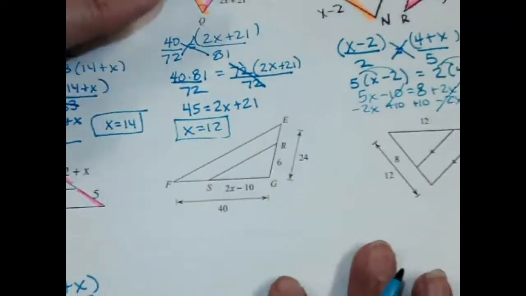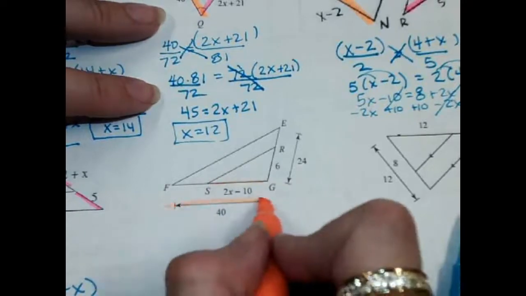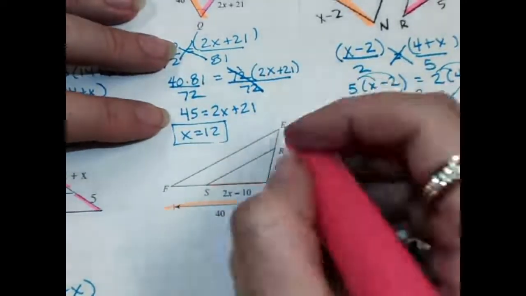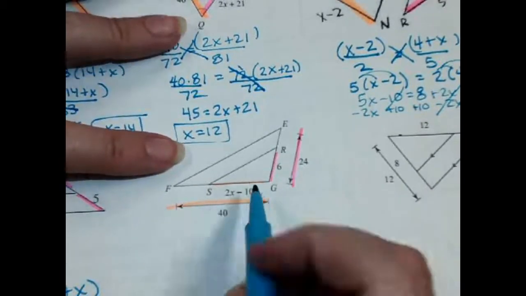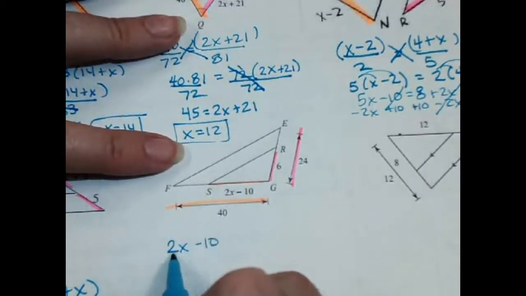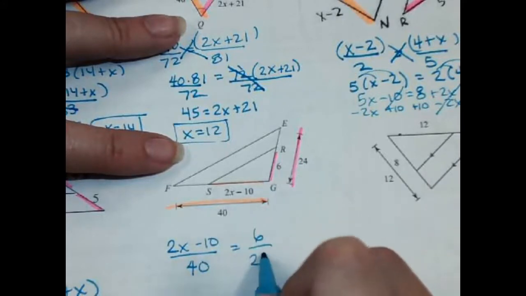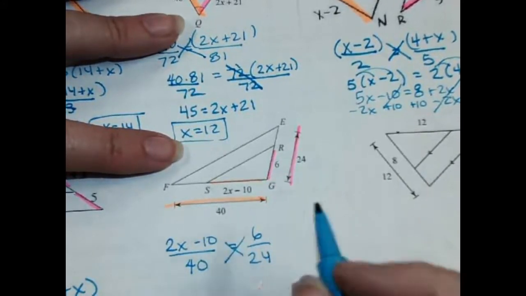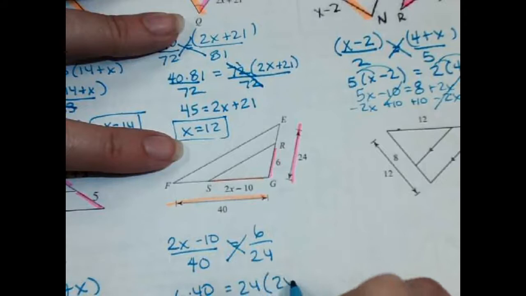On this one, I can say this part goes with the big part, like this part goes with this big part. So 2x minus 10 over 40 equals 6 over 24. Cross multiply. We get 6 times 40 equals 24 times 2x minus 10.